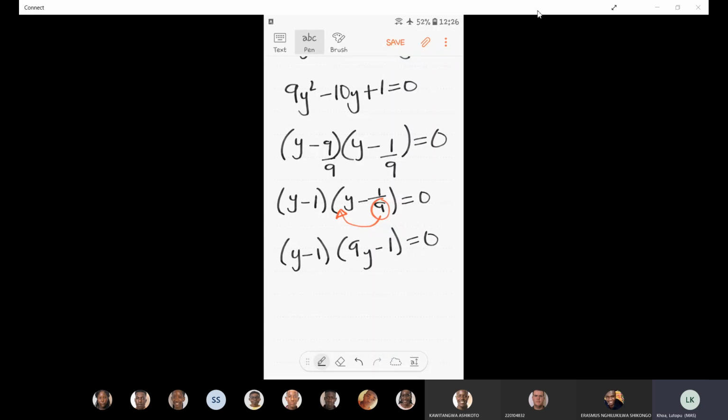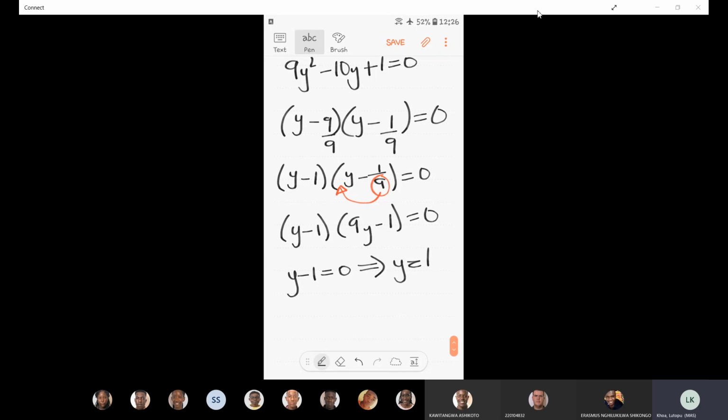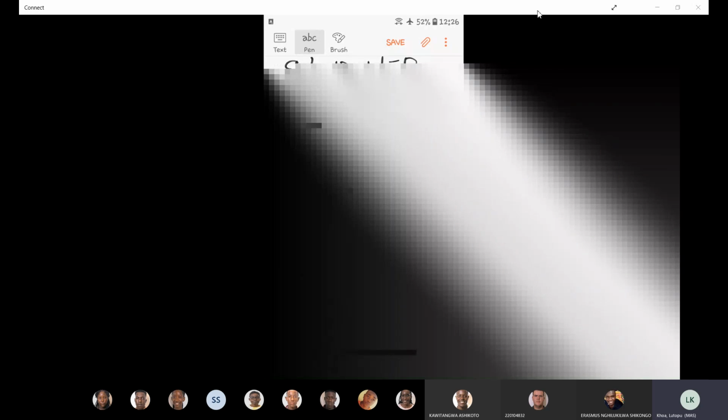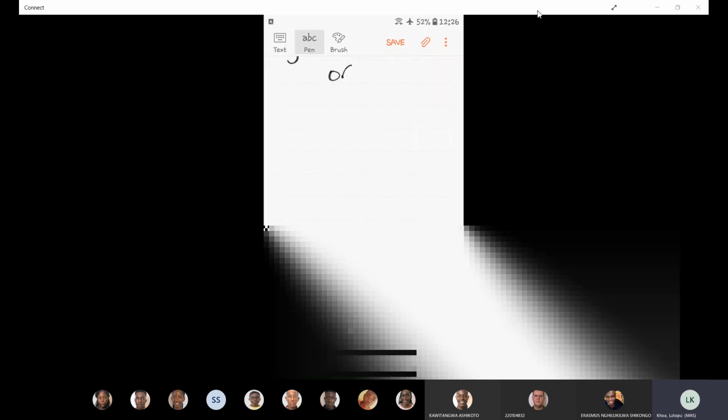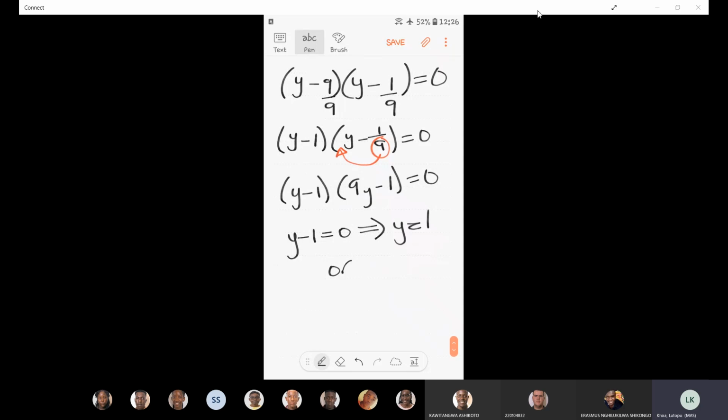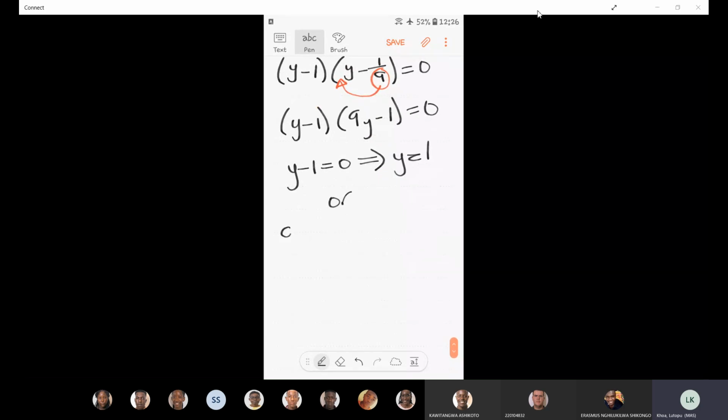Because the two are multiplying and the answer is 0, it means the first one, y minus 1, is equal to 0, so y is equal to 1. Or the second one, 9y minus 1 is equal to 0, so y is equal to 1 over 9.